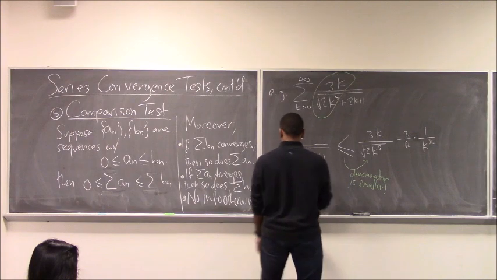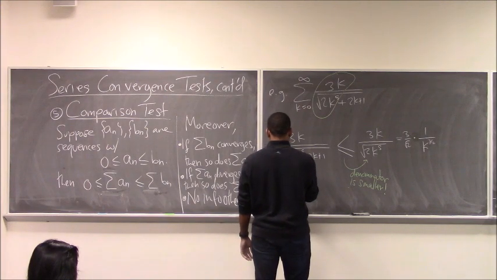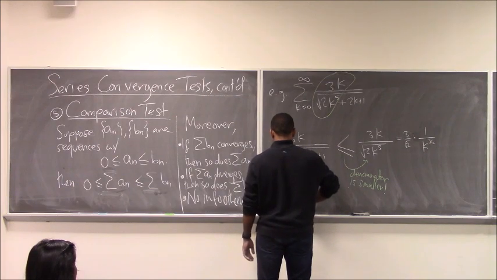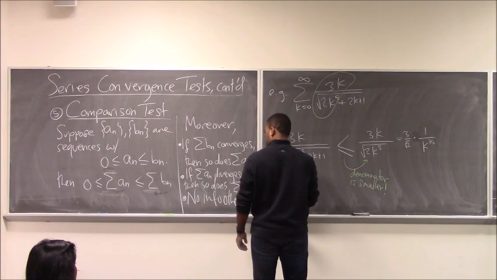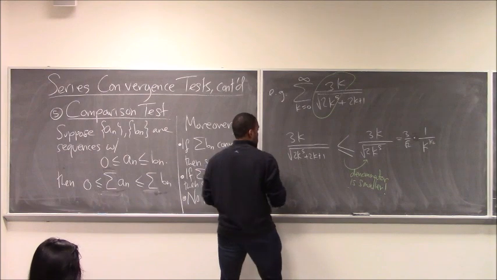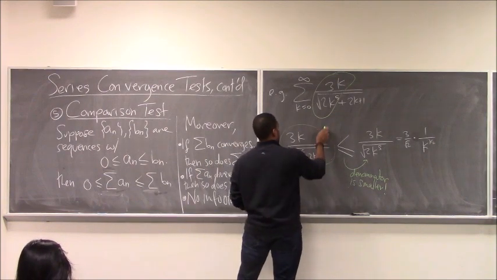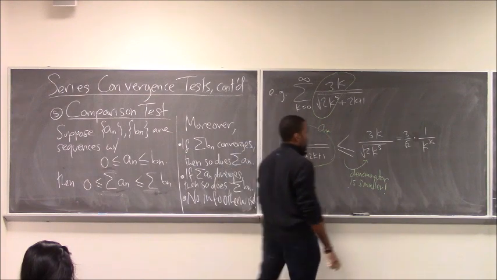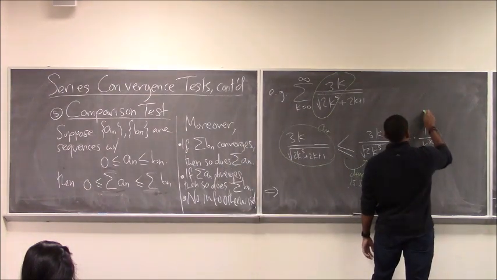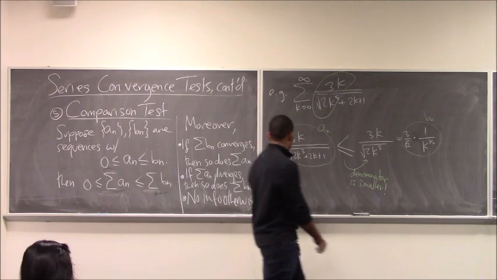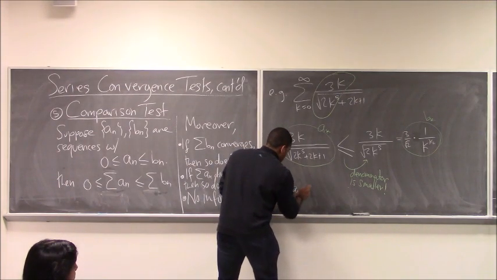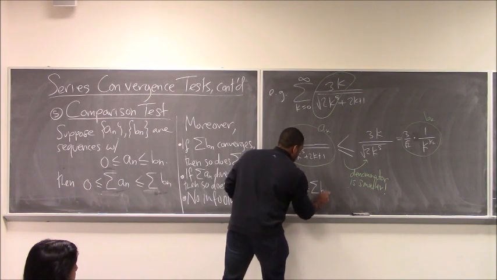So this would mean that if I look at the series, let me call this guy A_k. Call this guy B_k. Then it means that the series of A_k is going to be smaller than or equal to the series of B_k.